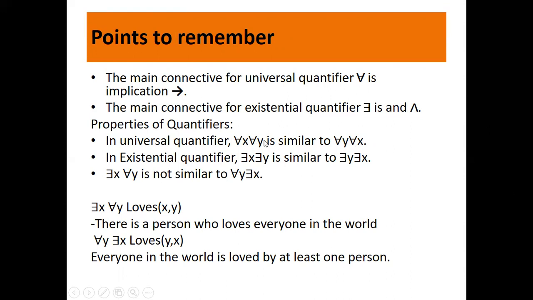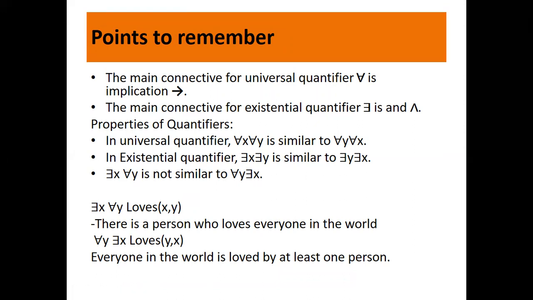In the existential quantifier, some x and some y is similar to some y and some x. But some x and all y is not similar to all y and some x. I repeat it again: some x, all y is not similar to all y and some x.